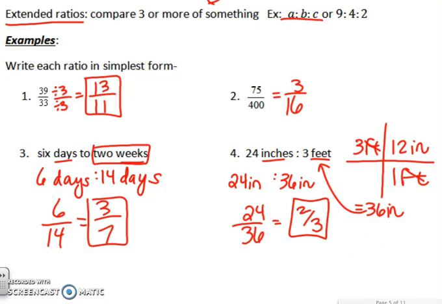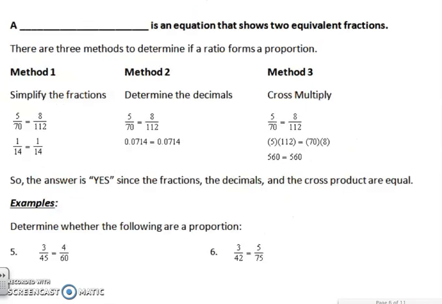Let me know if you have any questions on that. Otherwise, a blank is an equation that shows two equivalent fractions. That would be a proportion. Okay, and you remember proportions from middle school.